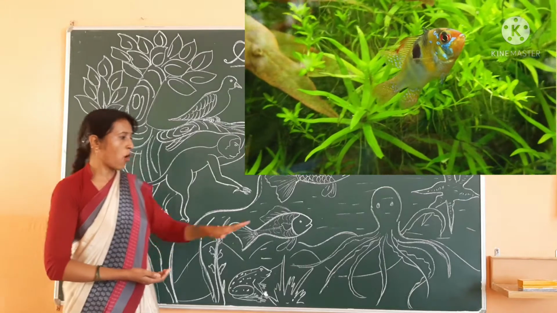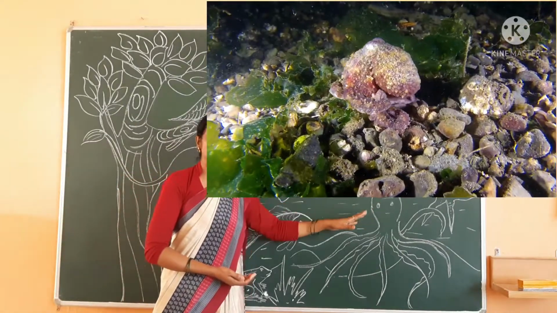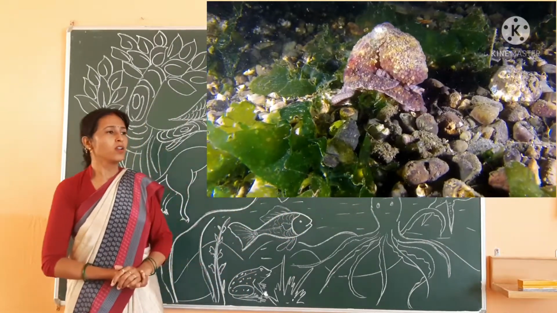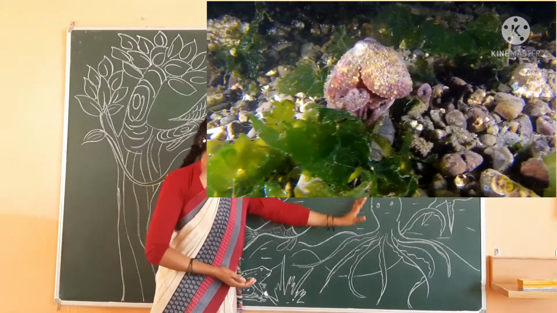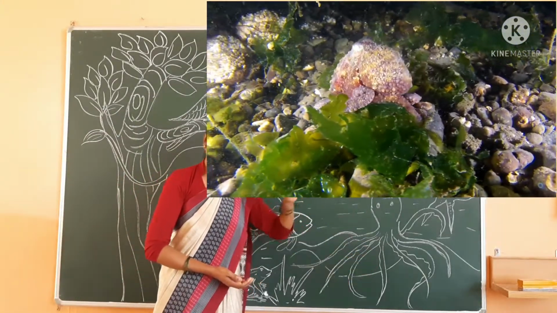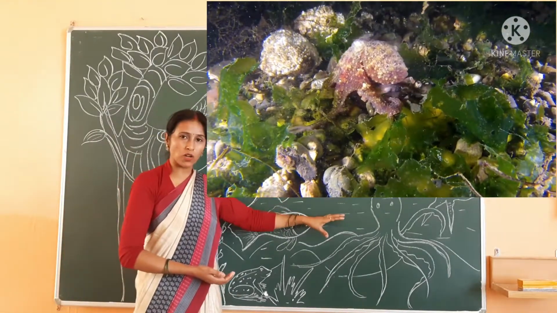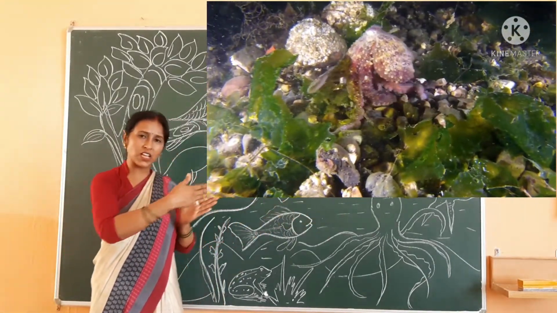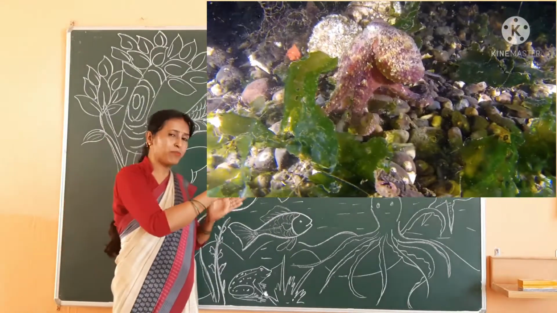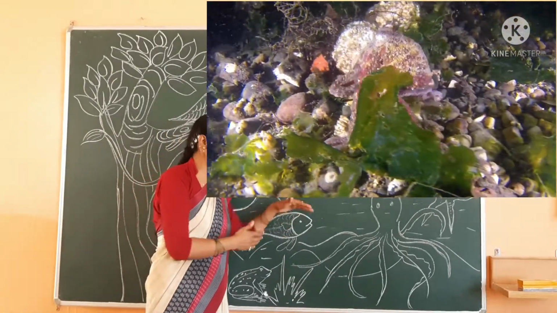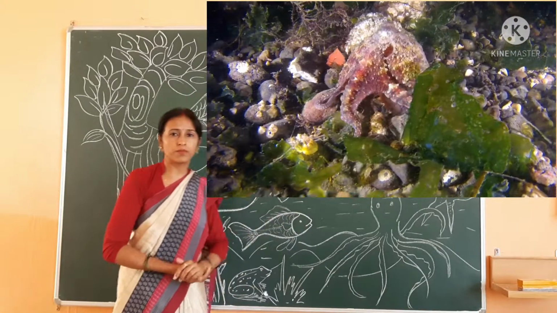If you ever see an octopus swimming in water, its structure is like this, but the way it swims, it synchronizes its body and makes a streamlined body so that it easily passes through the water.